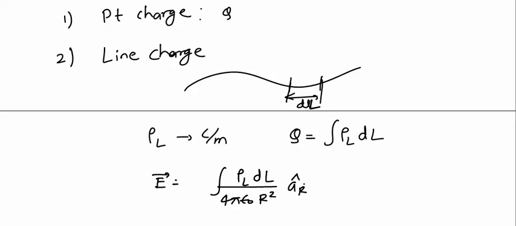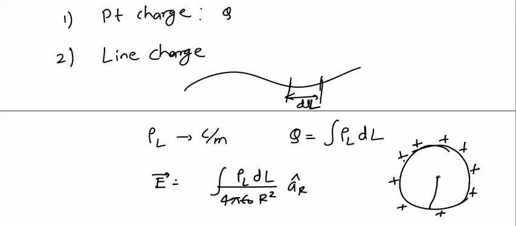If I consider a circular ring, a ring of charge, this ring contains charge. So in this case, what will be dl? In order to get dl, we need to consider the cylindrical coordinate system where this is my phi, this is my rho, the radius.